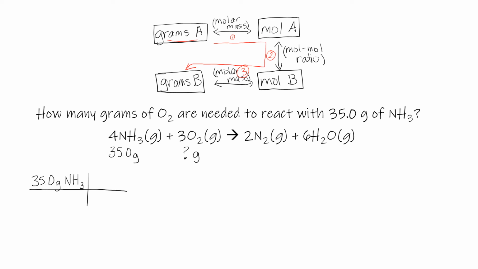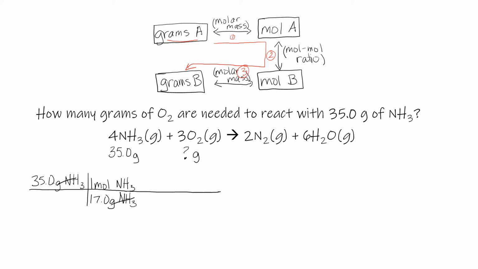So 3 hydrogens, 1 nitrogen gives us a molar mass of 17.0 grams of NH3, and that is in 1 mole of NH3. Okay, so our grams cancel. We are now in moles of ammonia, so moles of A, if you will.